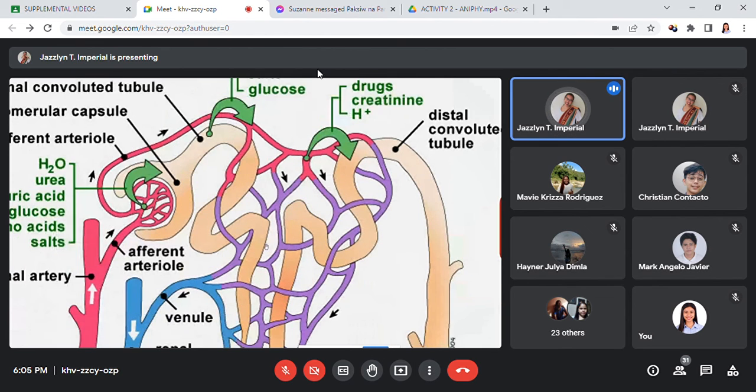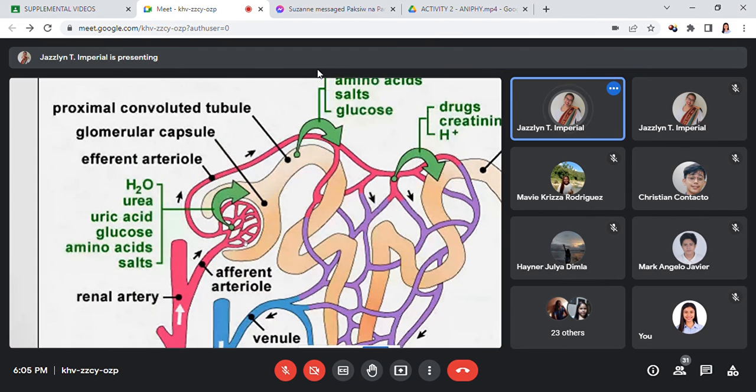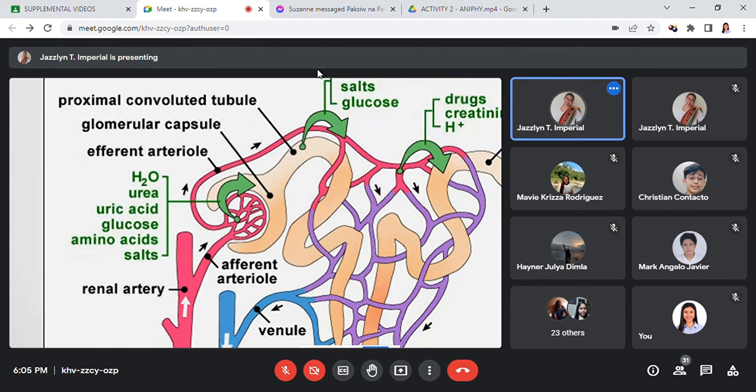So makikita nyo, class, that from the renal artery, all right, the blood enters your glomerulus to be filtered out. So dito yung filtration part. So what is being filtered? You have urea, water, uric acid, glucose, amino acid, and salt. So in this case, uric acid pa. Class, FYI, may uric acid din po tayo.